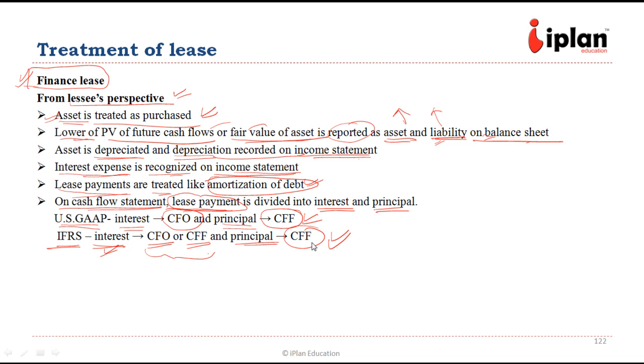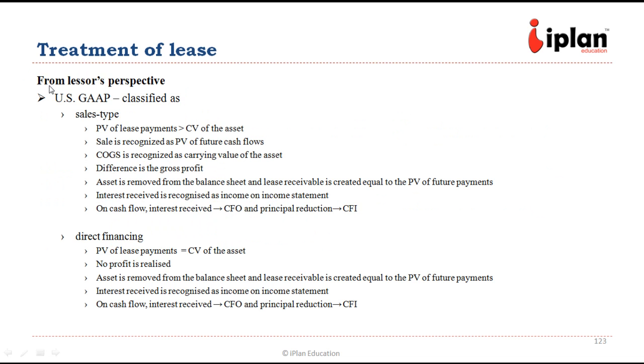Now let us look at this finance lease from the lessor's perspective. Under US GAAP, it can be classified as sales type or direct financing. If the present value of the lease payments is greater than the current value of the asset, then it will be called sales type.